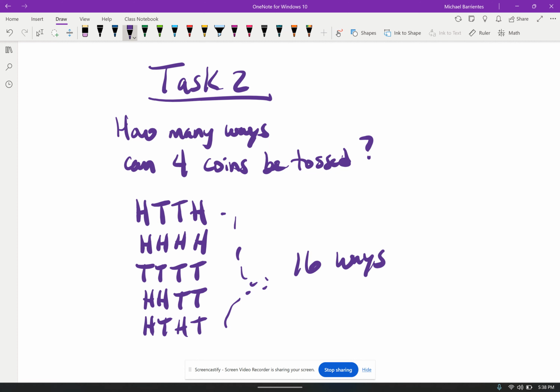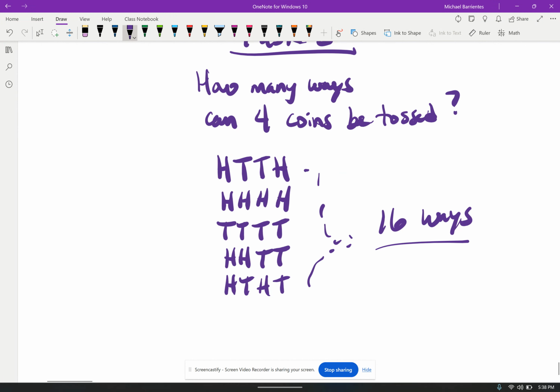And the people that had this task were asked a question. The question was, out of these 16 ways, how many produced 0 H's in the pattern? So I'm going to go ahead and try to finish some of these. Let's say I have one head and 3 tails. Or I can have a tail, head, tail, tail. I could have a tail, tail, head, tail.